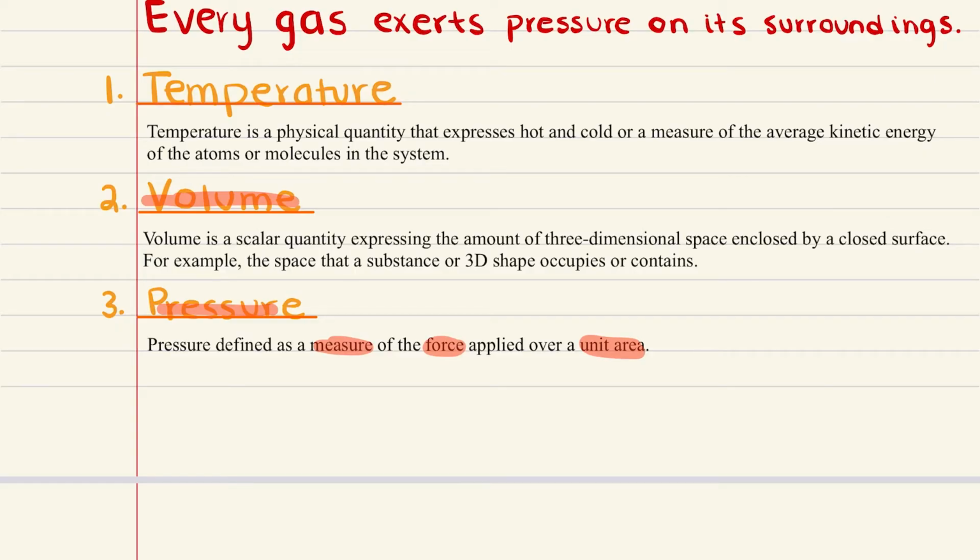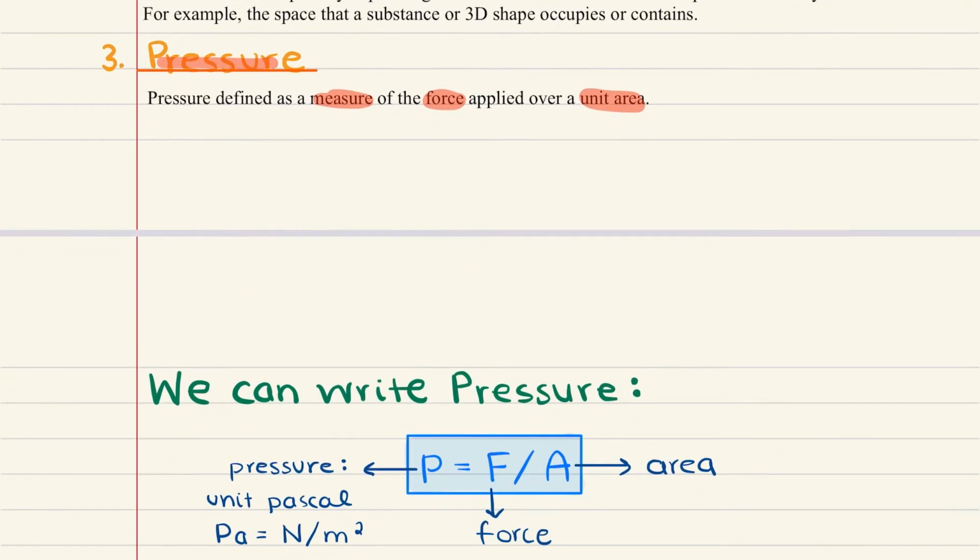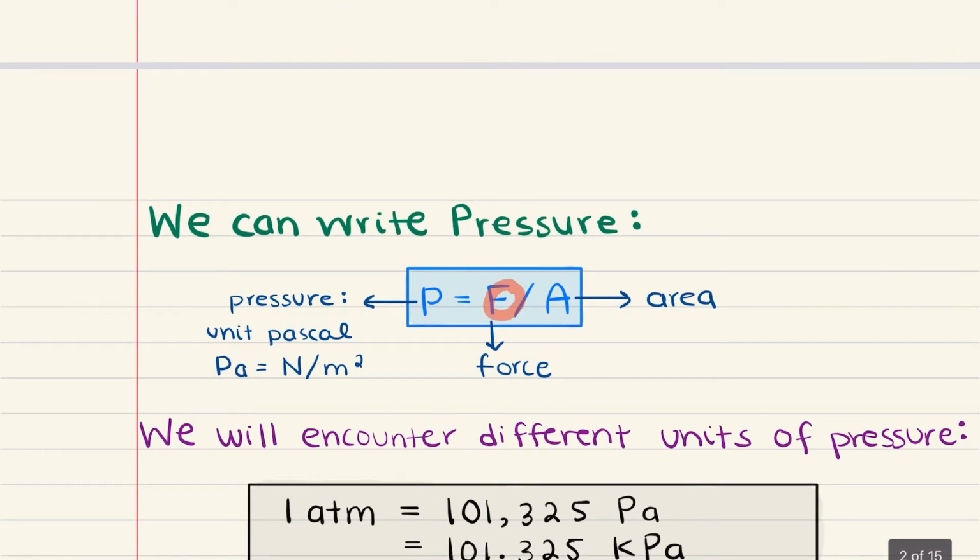So, for example, when you blow up a balloon, the air inside pushes against the elastic sides of the balloon and keeps it firm. And so, from that, we know that gas exerts pressure on its surroundings. And this definition can be expressed mathematically as force divided by area.